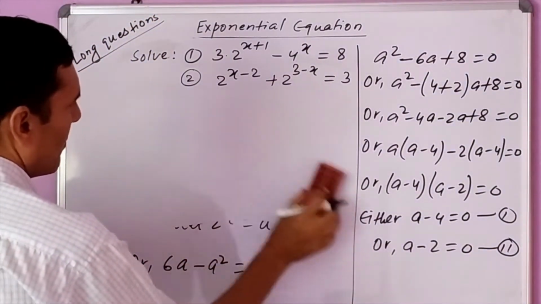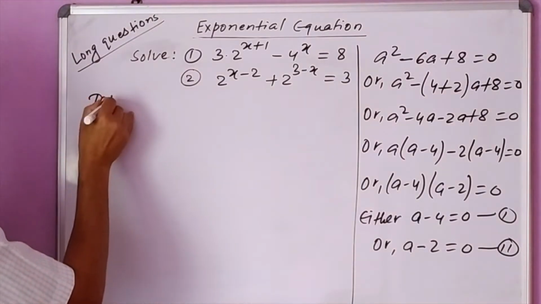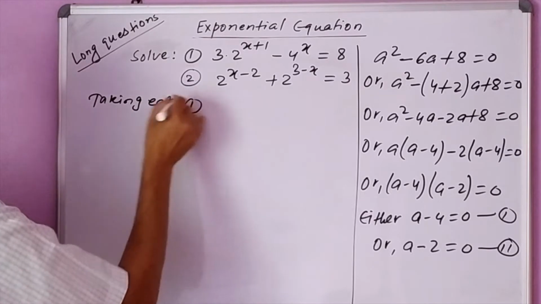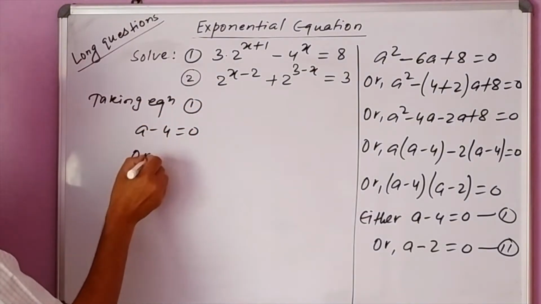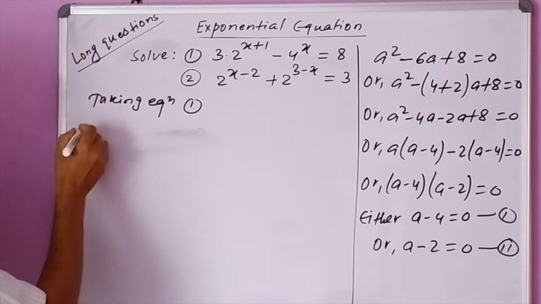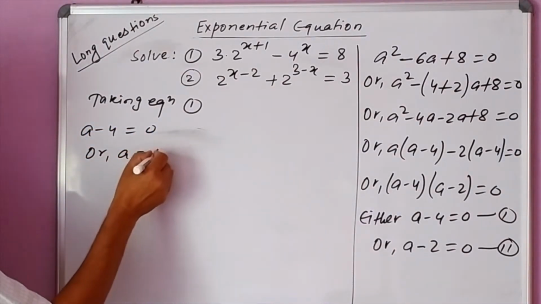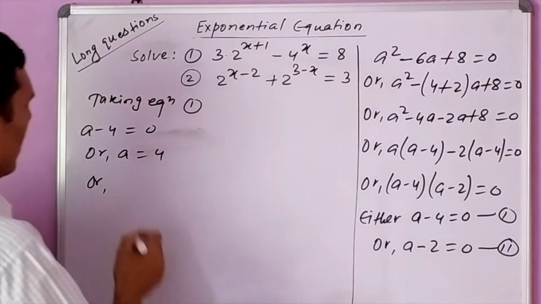Now taking equation 1, a minus 4 is equal to 0, or a is equal to 4. Now put the value of a. What is a? A is 2 to the power x.